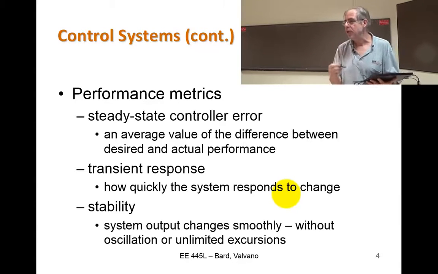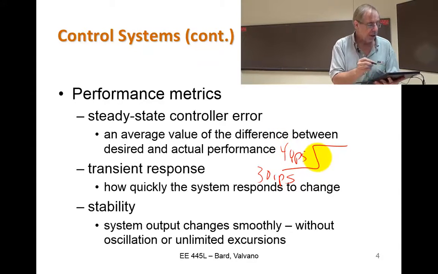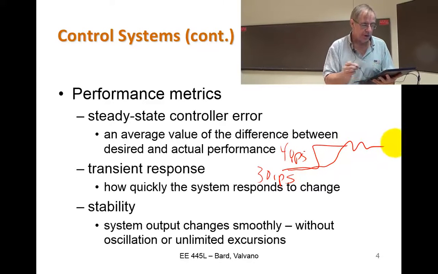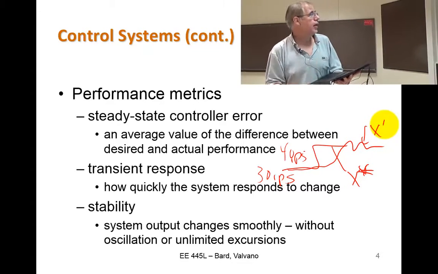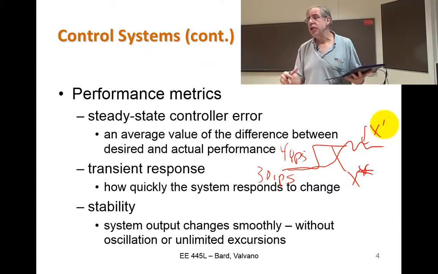I got a demo and I'll show you when I increase the set point from 30 RPS to 40 RPS. The question will be how fast will it respond? And so if this is the desired speed here, and this is the actual speed, there will be a transient response to changes either in the set point or changes in the friction.